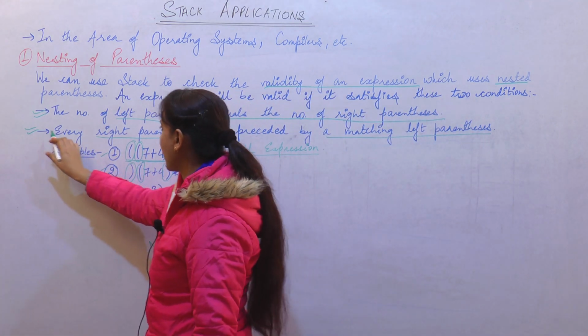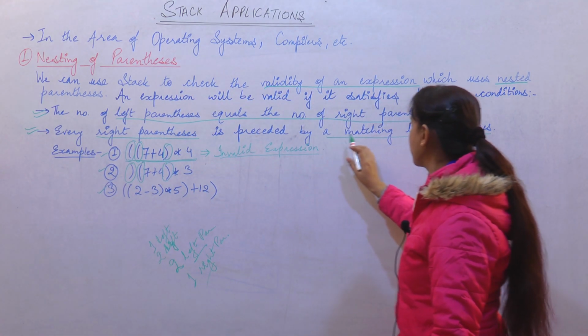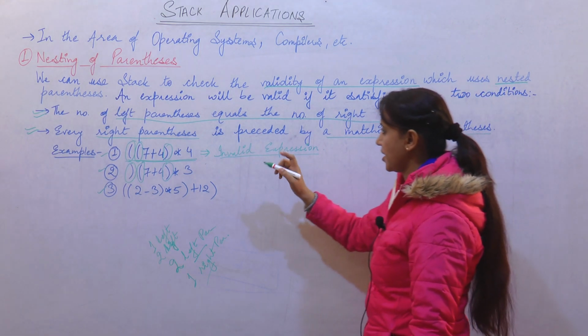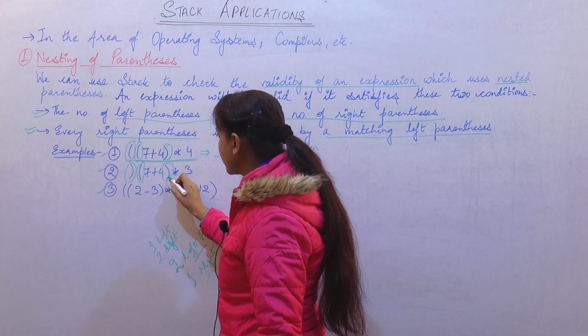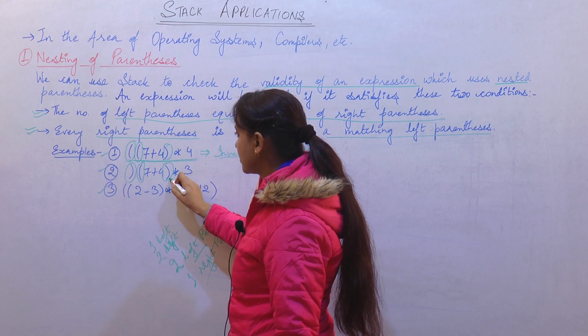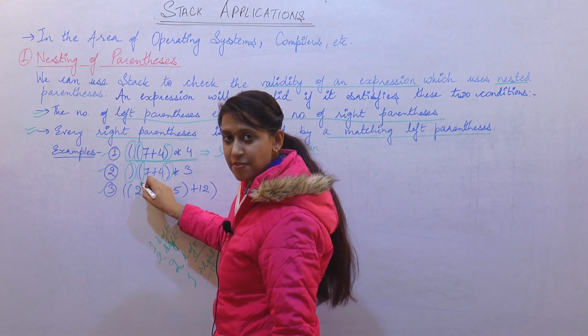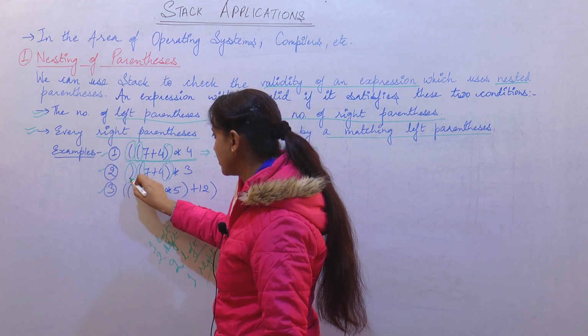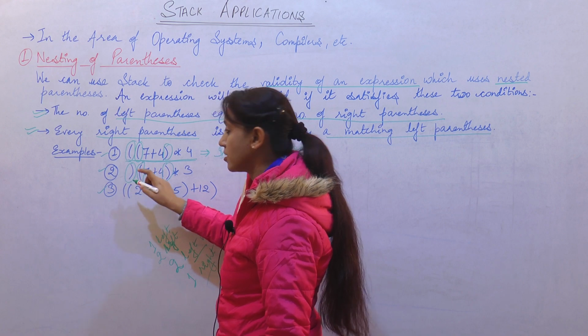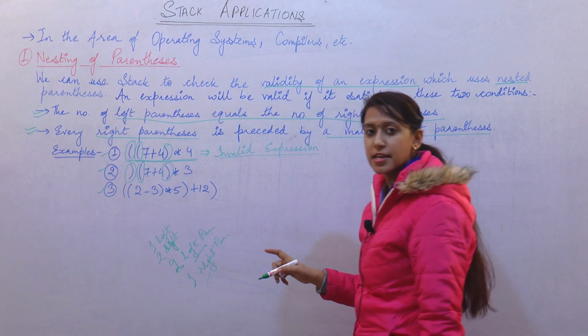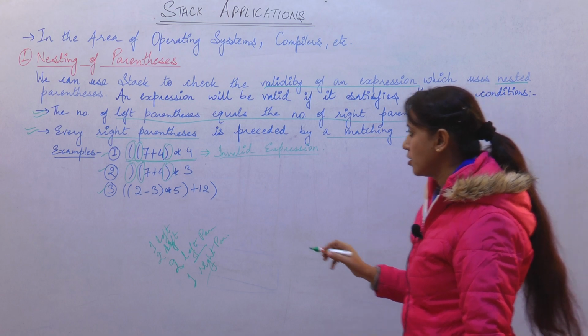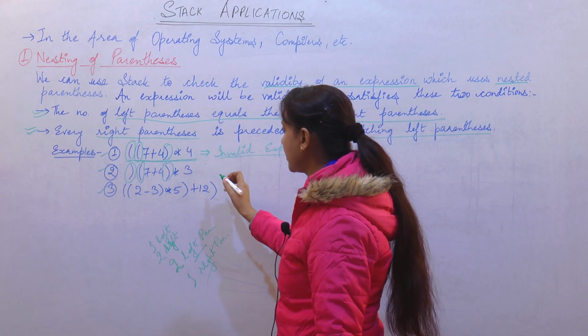Applying the second rule, every right parenthesis is preceded by a matching left parenthesis. Checking this rule, this right parenthesis is preceded by a left parenthesis, but this right parenthesis is not preceded by any of the left parentheses. So both the rules are violated.